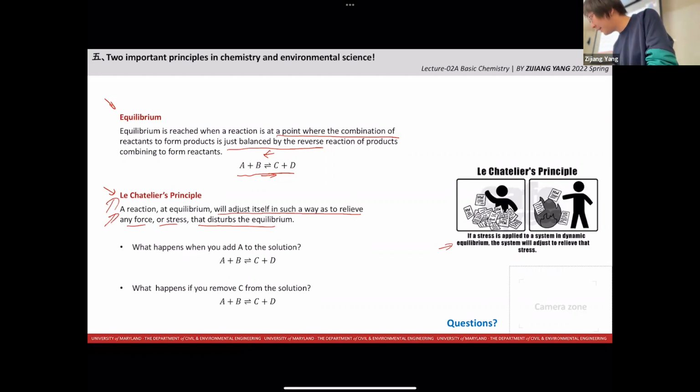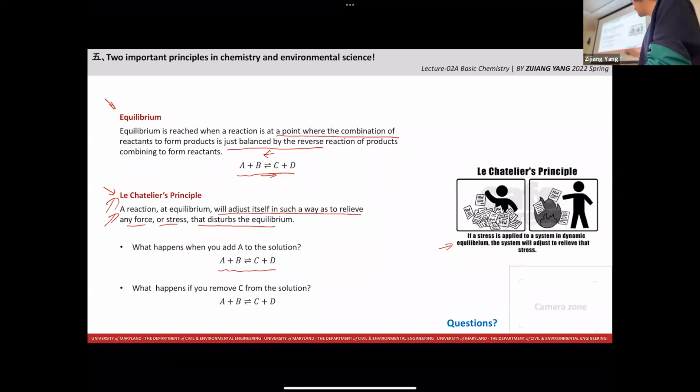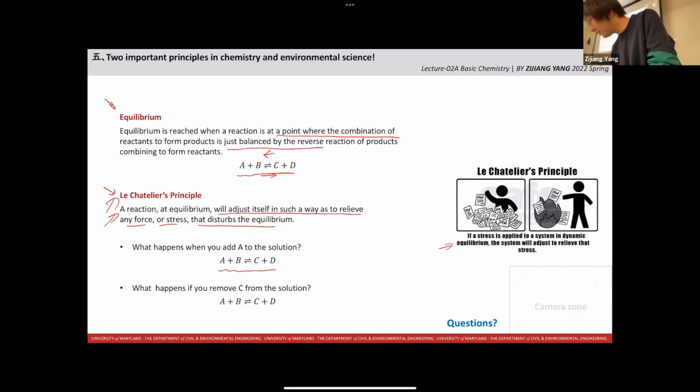For this one, we have this reversible equation, which A plus B will generate C and D. So what happens when we add A to this system? We can see that if we add A, the concentration of A will increase. Because A increases and the system wants to release the stress, the reaction will go from left to right.